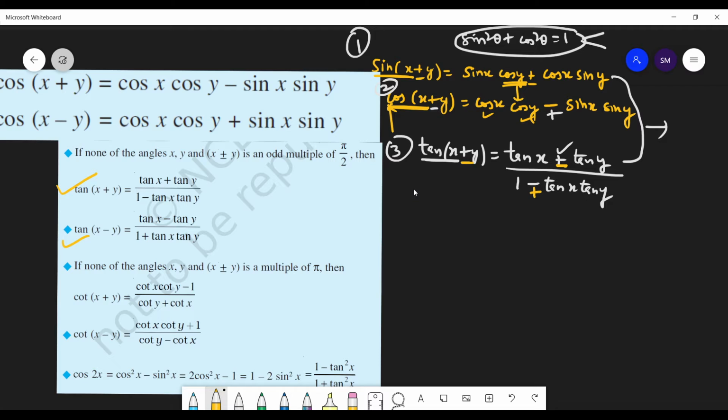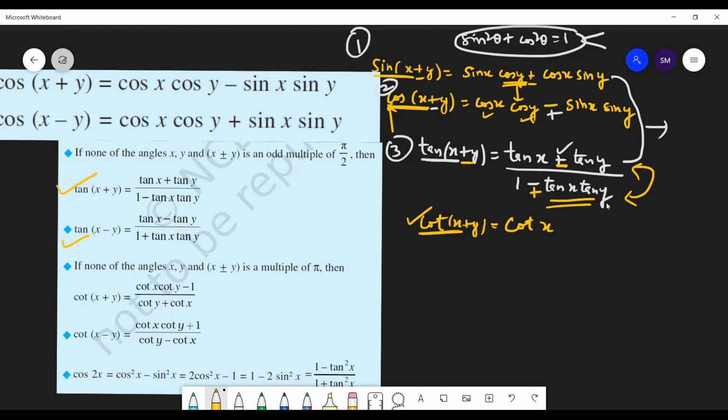For cot, you have cot(x plus y). So like I told you, for C, like sine cos, things got reversed. So here also, the first thing is numerator and denominators are exchanged. Next thing is bring this tan x tan y forward. So this formula also starts with the same thing, cot x. But here, like I told you, this will be up and this come this side.